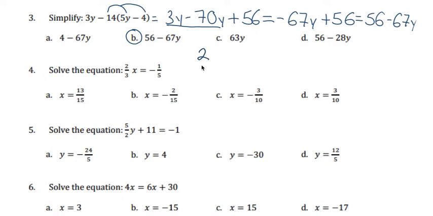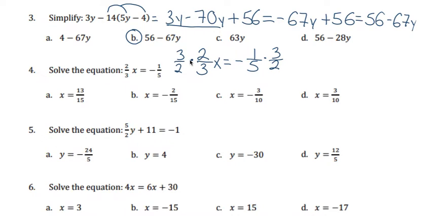For number 4, we have 2 over 3 times x equals -1 over 5. In order to get x by itself, whenever we have a fraction times x, we need to multiply by the reciprocal. So we're going to multiply both sides by 3 over 2.